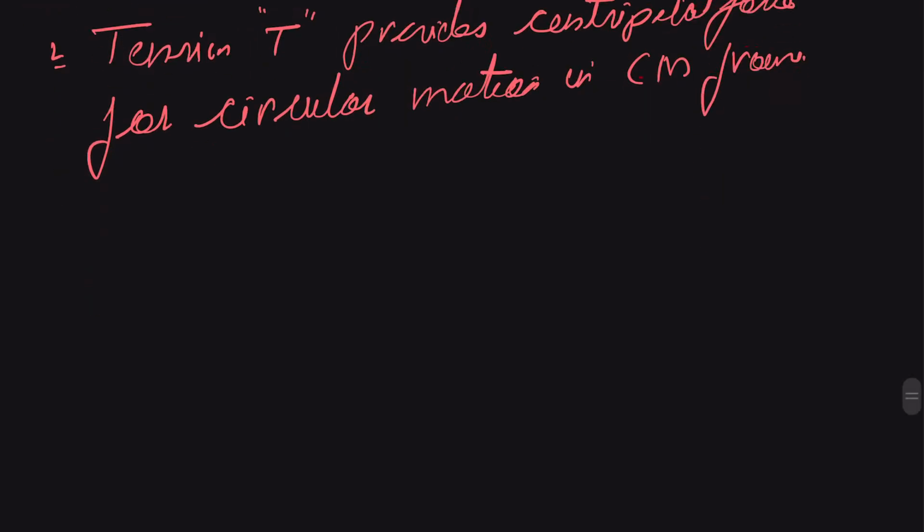Which basically means that we have A, B, and the center of mass, and we are going to have tension T in the center of mass frame.